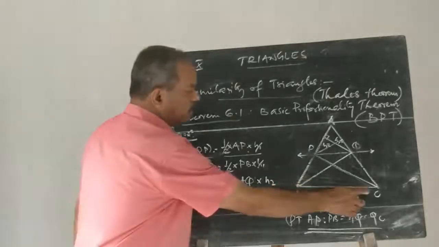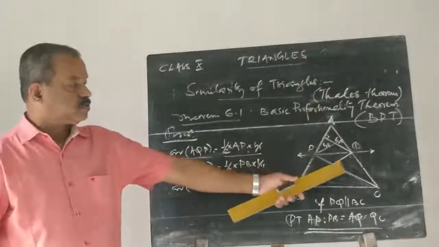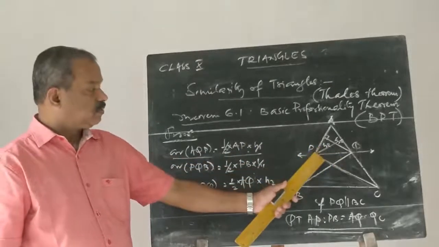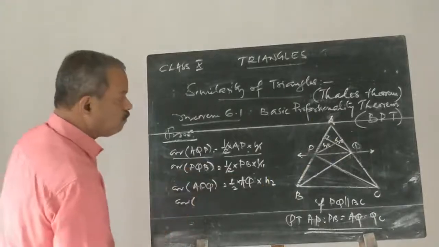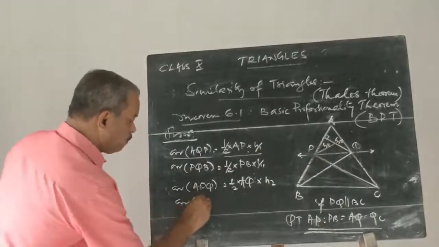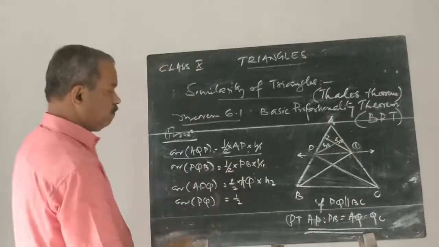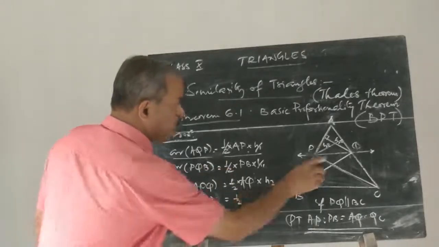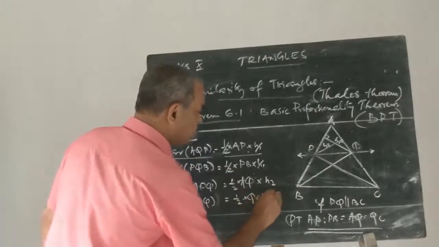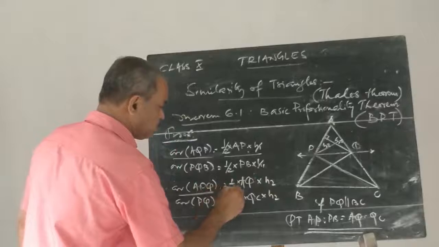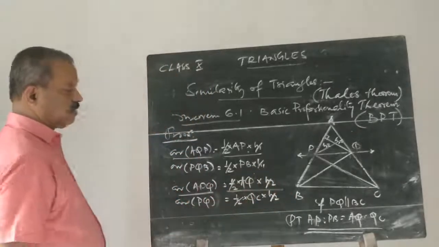What is the area of triangle PQC? It is also an obtuse triangle, so its altitude is outside. That is H2. Area of PQC is half into base QC into altitude H2. Now take the ratios. Half cancelled, H2 cancelled.